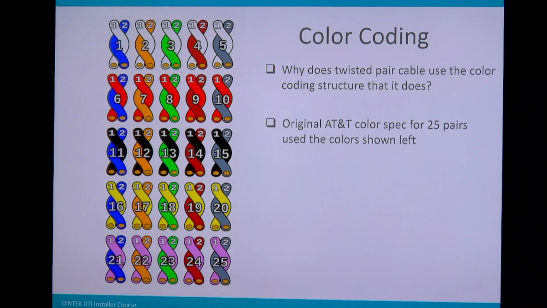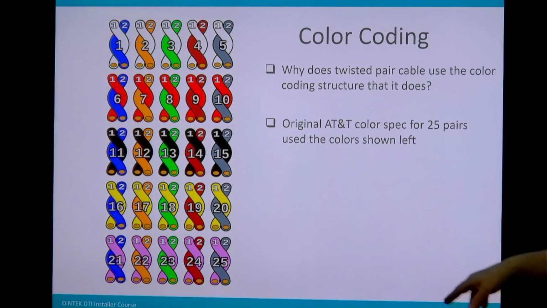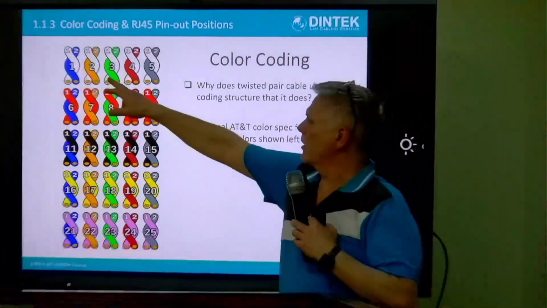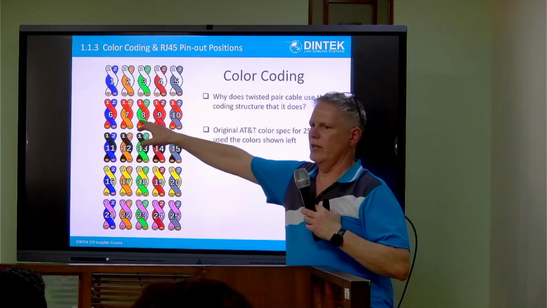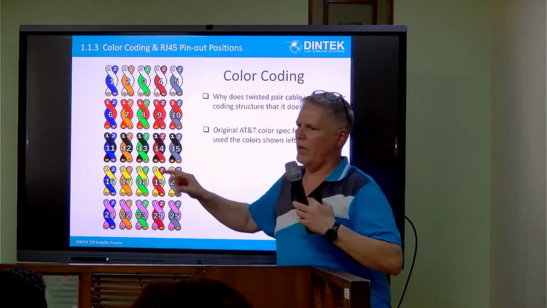And if you've done installation years gone by where you were doing voice installation using bulk cables, you quite often have 25 pairs. So they start with the white, and it goes blue, orange, green, brown, slate, and then you go leading red, blue, orange, green, brown, slate. So we're just taking the first 4 pairs from that.